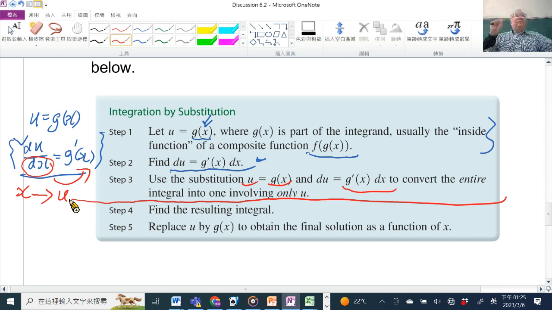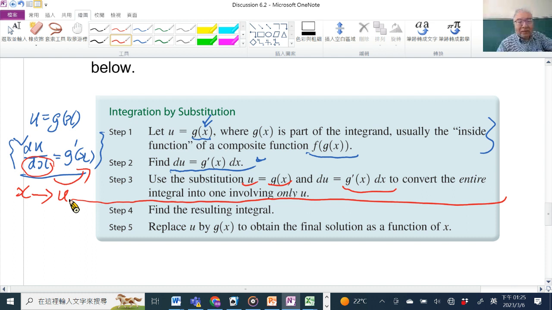Originally, the integration variable is x. Now after step 3, the integration becomes available in u only. Then you can apply all the integration rules we learned in 6.1. That's the purpose of substitution.